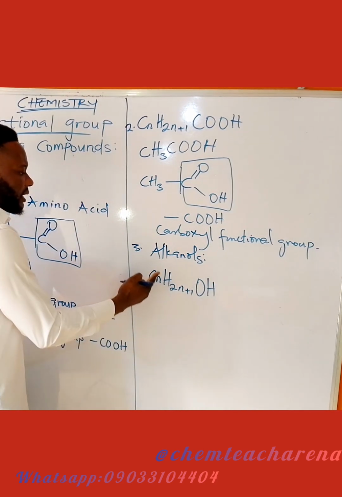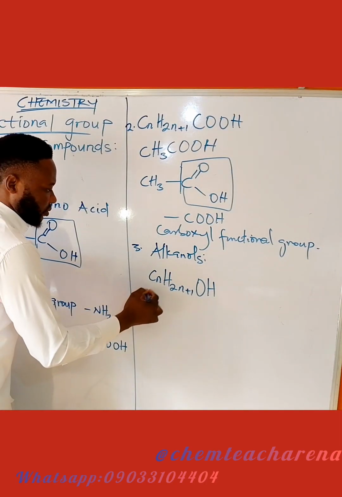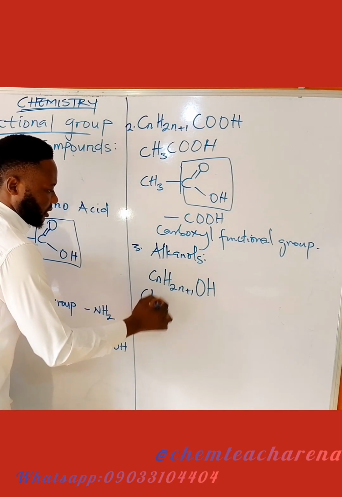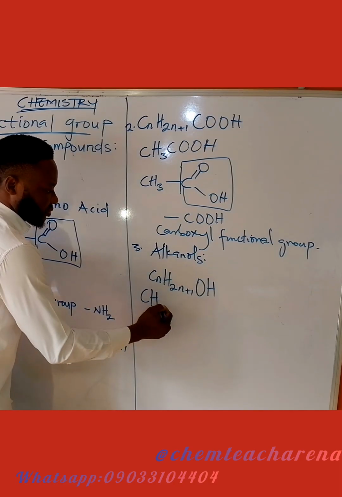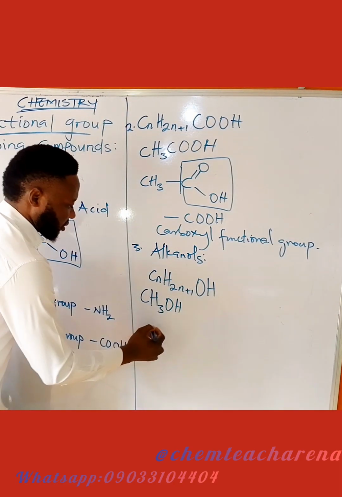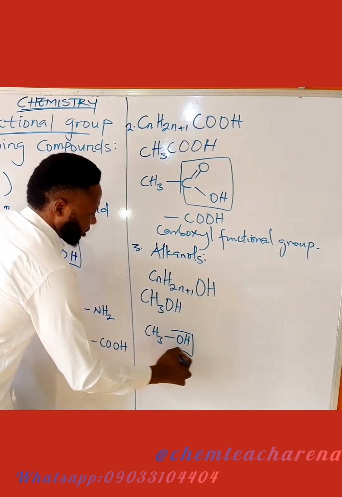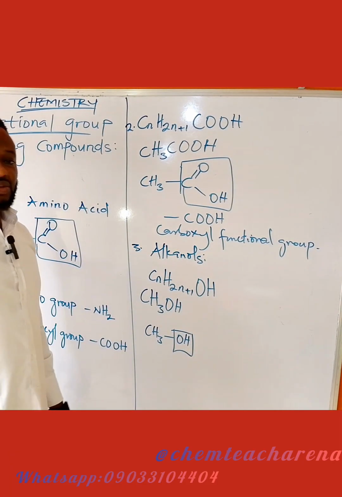Substitute n equals 1. Wherever you see n here, just put 1. We have C1H, 2 times 1 is 2, plus 1 is 3, then OH. This gives me methanol, so I will have CH3 bonded to OH. The functional group is the OH, which is the hydroxyl functional group.